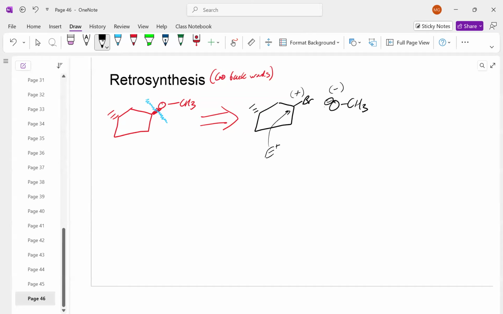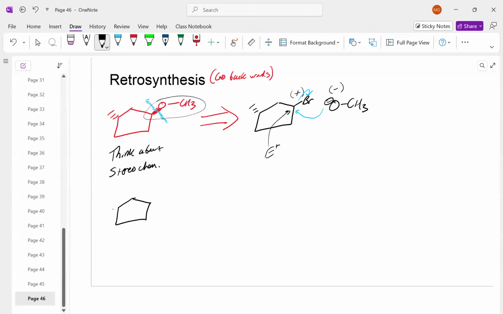Now I'm not completely done. I've got down how I'm going to do this, but the other thing I need to think about here is stereochemistry. Notice what direction this whole group is going in right here. So what does that mean for the reaction I'm going to build? Well, I'm going to go down here and go forward now.